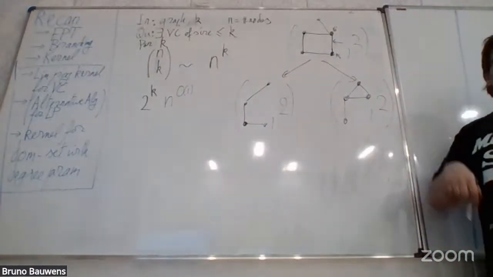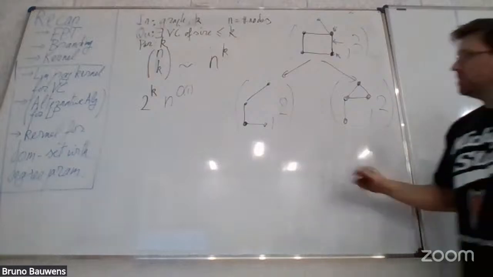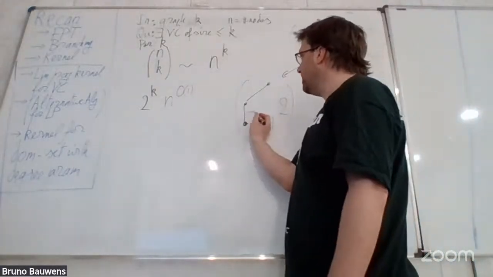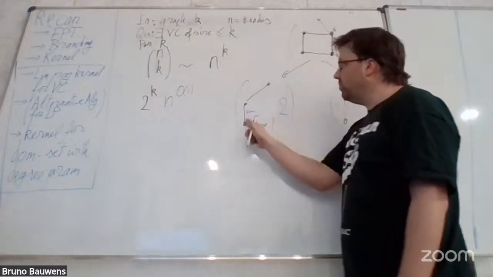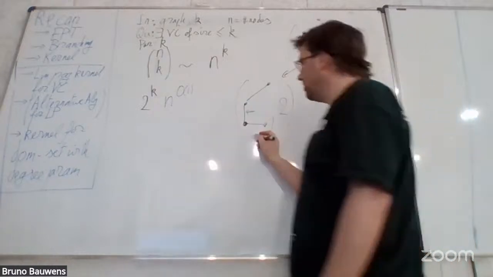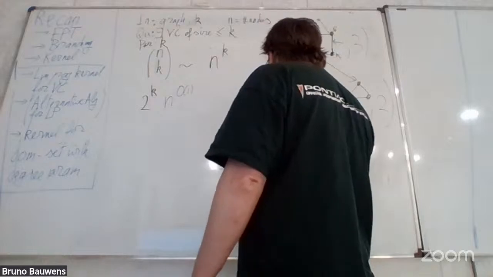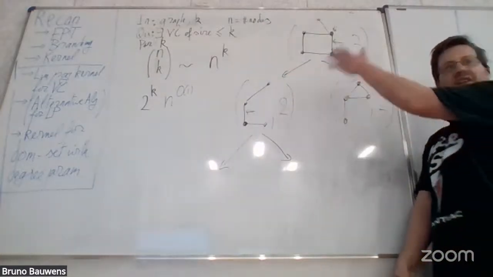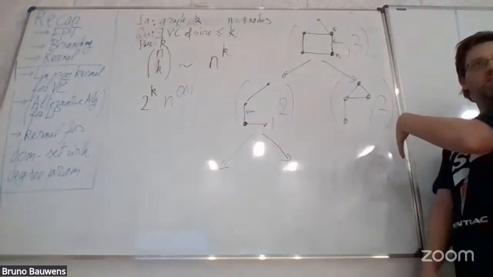And now we recurse. Here we again pick an edge, for example this edge, and we remove the left node or the right node. That's how all vertex cover algorithms work. They are branching algorithms.